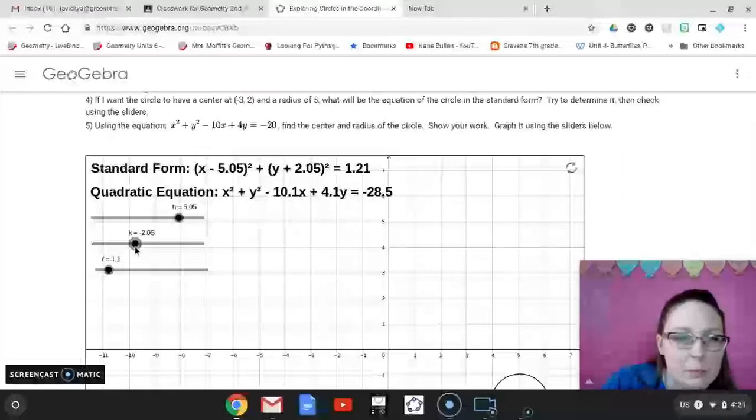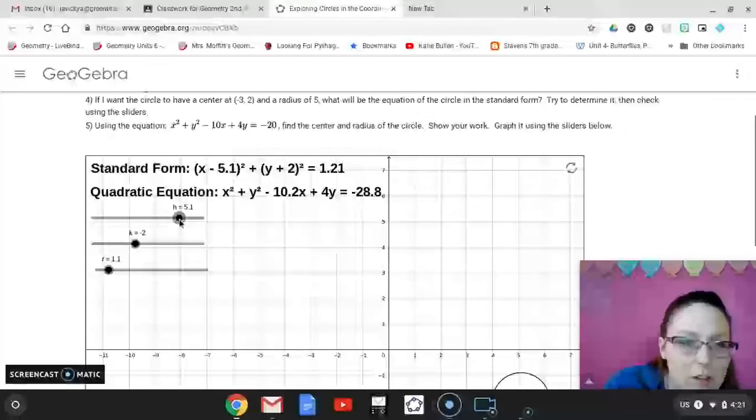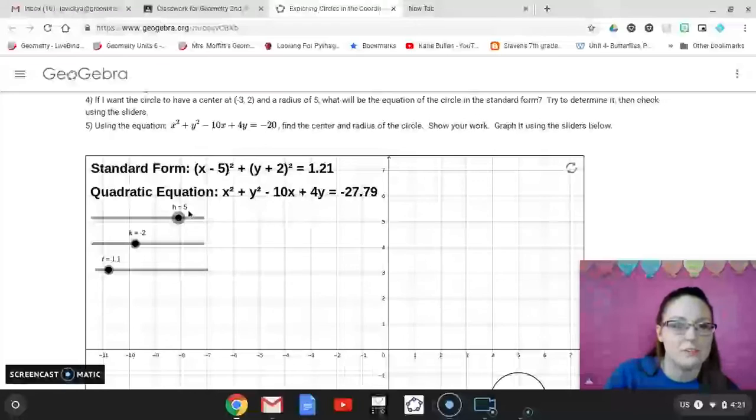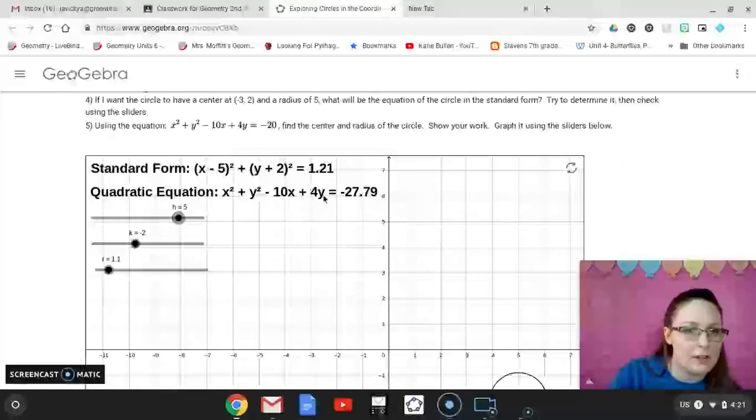Oh, man, I had it perfect. Let's see if I can put it back. There we go. Let's see if I can fix h. There we go. Okay, so h is at 5, right? And that made this be minus 10x. And then k is at negative 2, and that made this be a plus 4y.